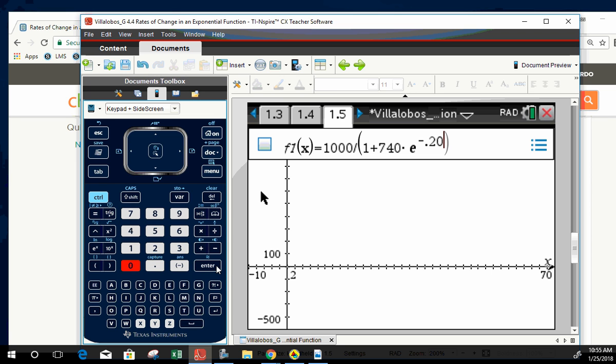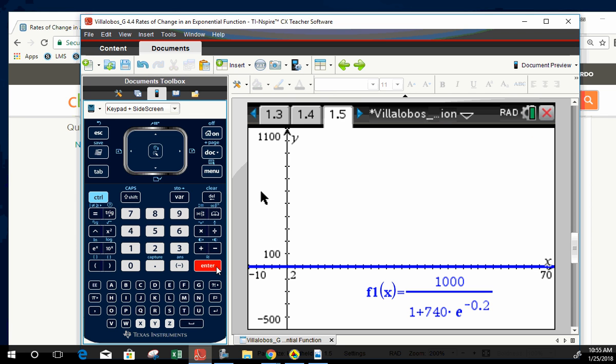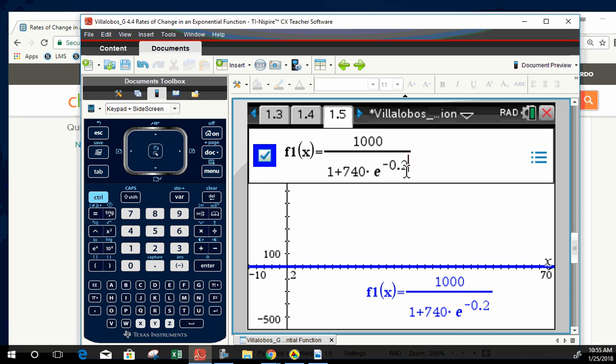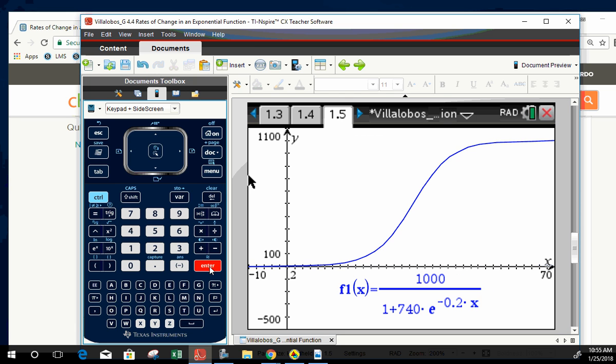And that's what models my data. If I did that correctly, if I remember, oh, I forgot my variable, excuse me, x. So go back in here, put the x. There it is. So this is a logistic curve.